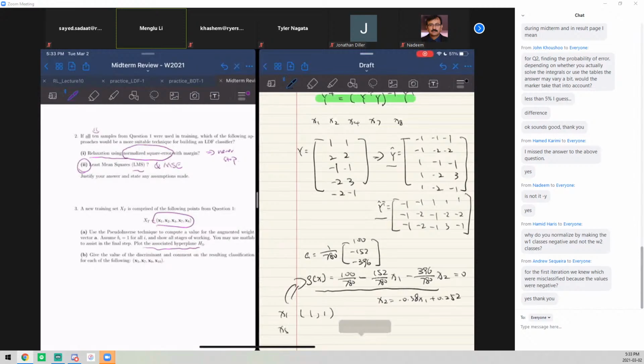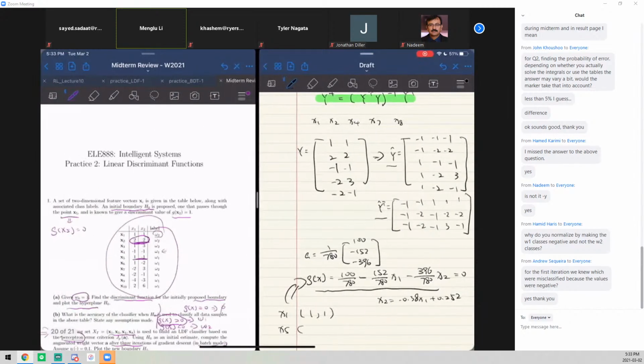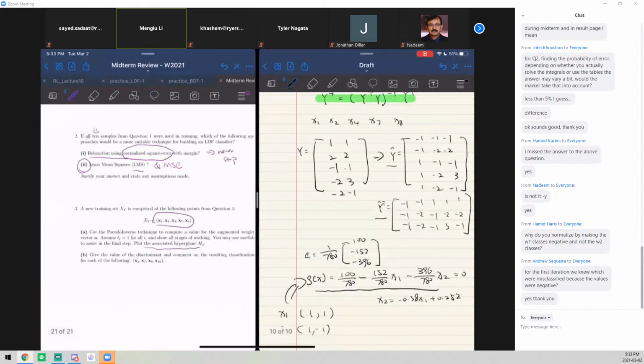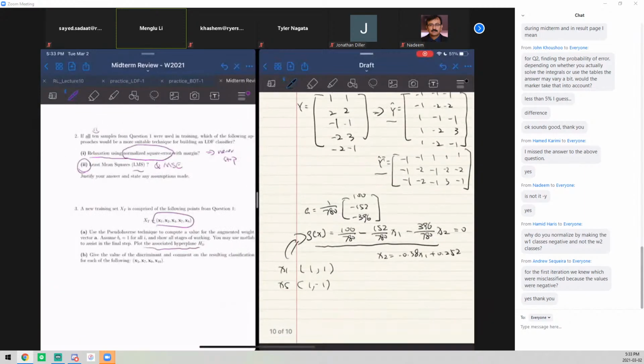Or for x5, it's 1, -1. When I plug in, it becomes plus, and this will get something like 0.4410, which is larger than 0.